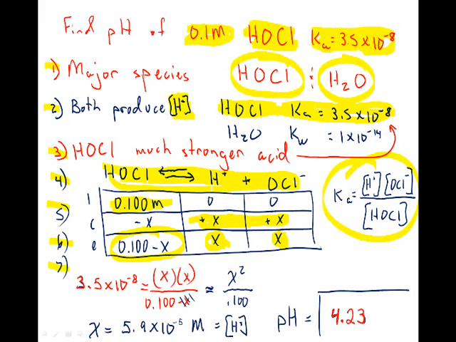In fact, so little of it's dissociating that this value of x is so small compared to 0.1 that we are going to ignore it, simplifying our problem to be x squared divided by 0.1 equals 3.5 times 10 to the negative 8. So if we multiply each side by 0.1 and take the square root of both sides, we get the value for x. And from that, we can calculate pH of 4.23.